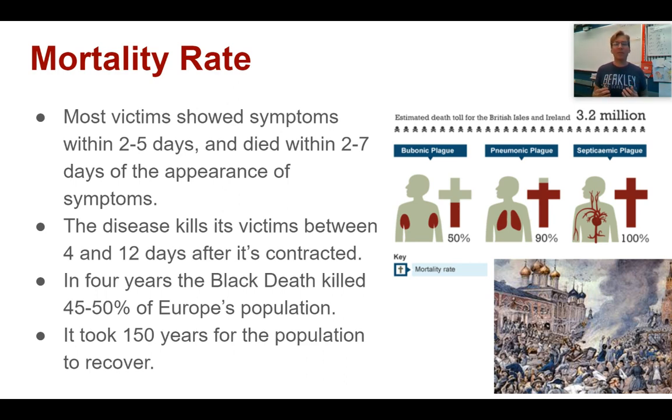Now, in 4 years, the Black Death killed about 45 to 50% of Europe's population, in a period where the population was much higher than during the plague of Justinian. It takes about 150 years for Europe's population to recover from this. They don't get back up to that rate until we're then in the 1500s.